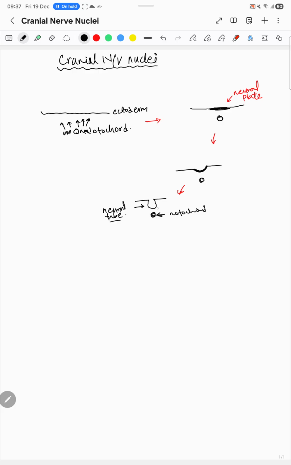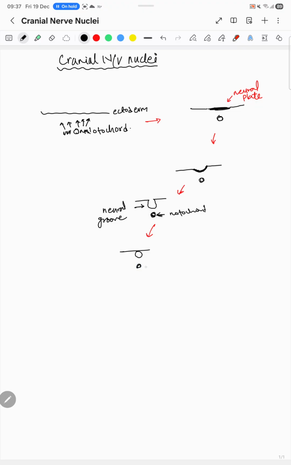Let's call it neural groove instead. That shall be more accurate. So now let's form the tube.